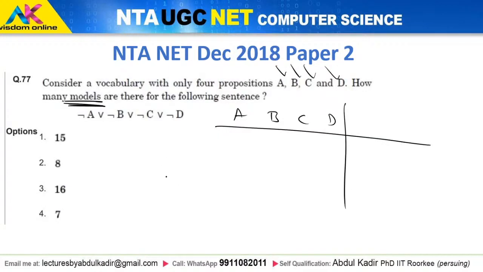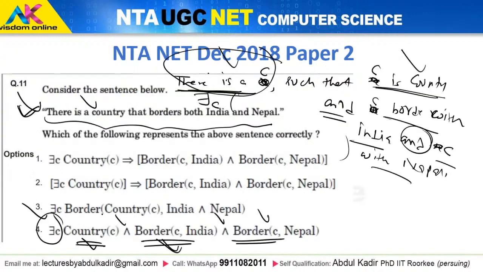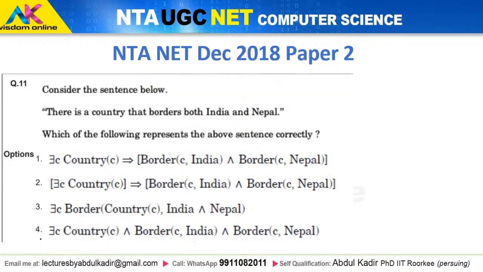Now let me see. Nivedita is asking why not the third option here. See, Nivedita, here it is saying that there exists a C such that border of country C, India and Nepal.